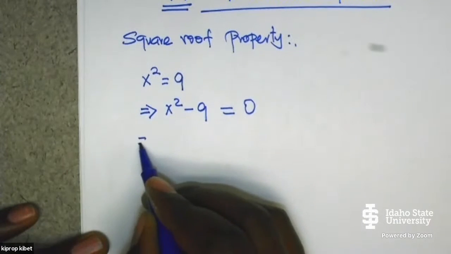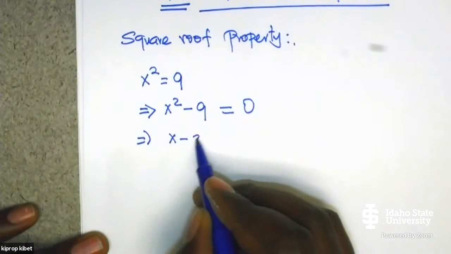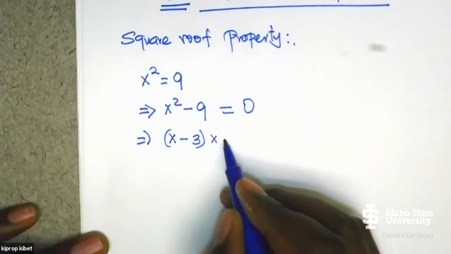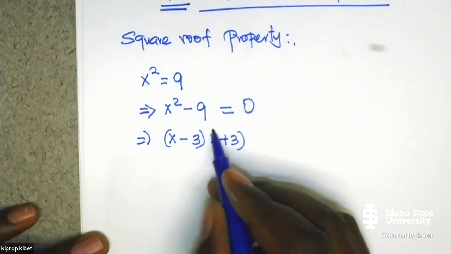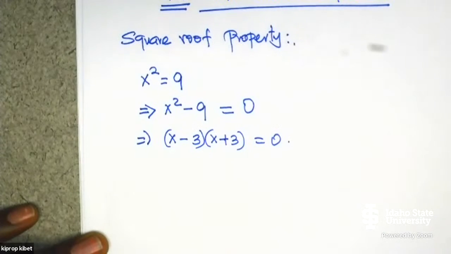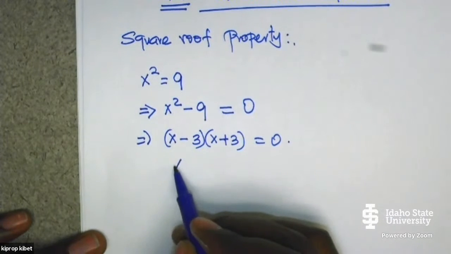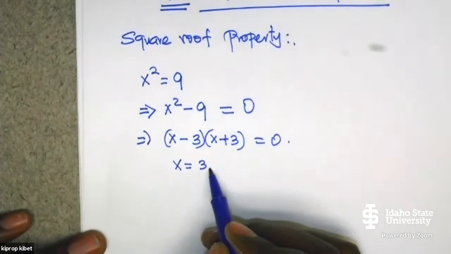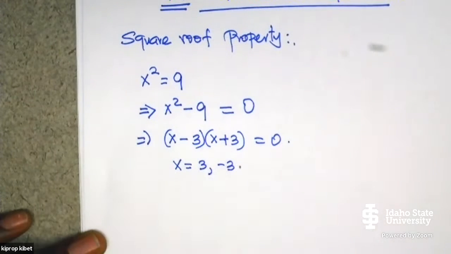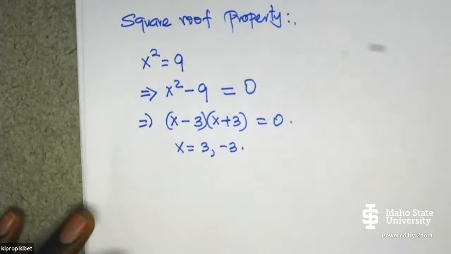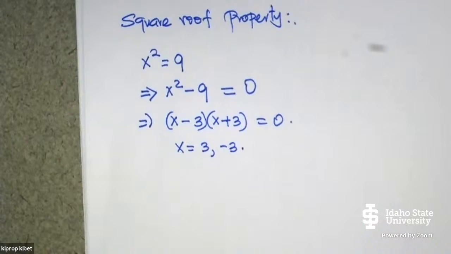So this equals (x minus 3)(x plus 3) equals 0. Now, using the zero product property, our x is equal to 3 or minus 3.